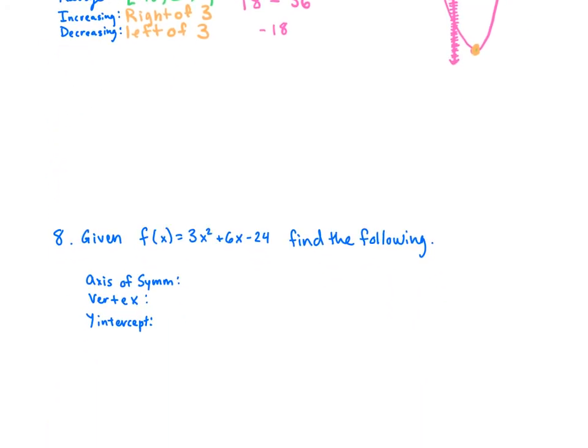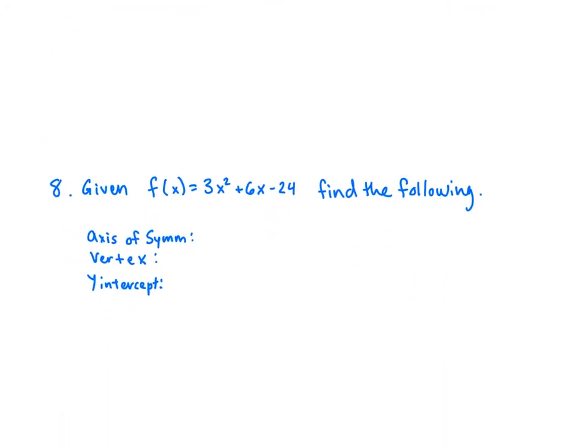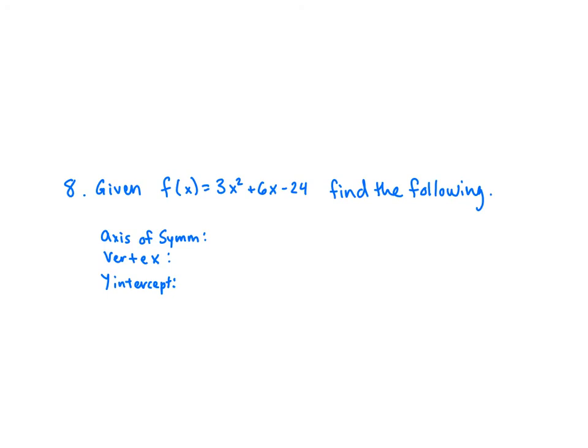All right, let's look at number 8. So we're given the function 3x cubed plus 6x minus 24. We need to find the axis of symmetry, the vertex, and the y-intercept. So what formula do we use for our axis of symmetry here?